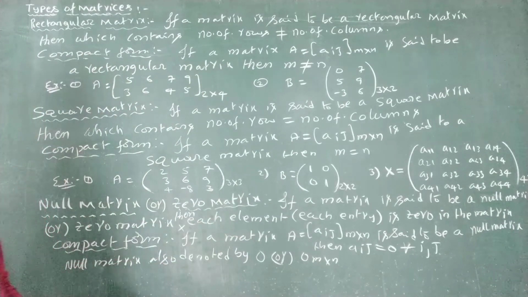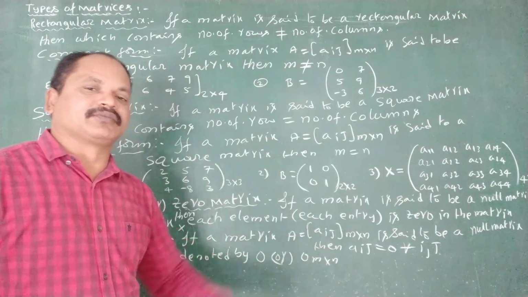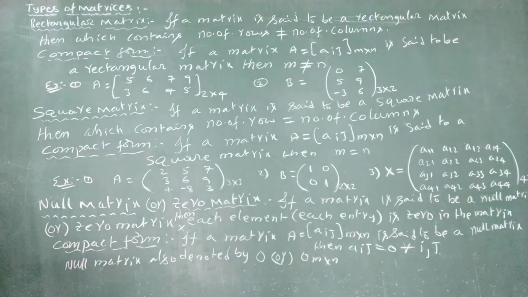That means O m by n is nothing but the null matrix of order m by n.